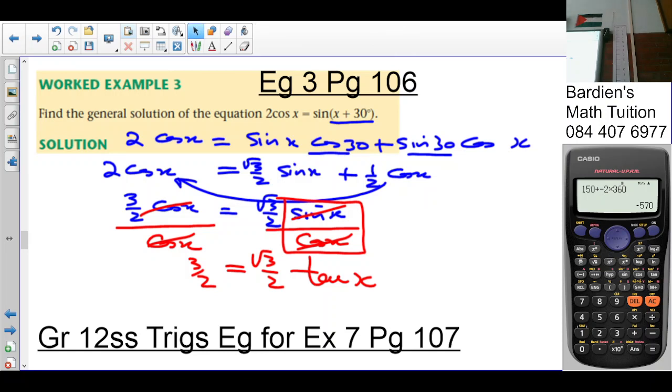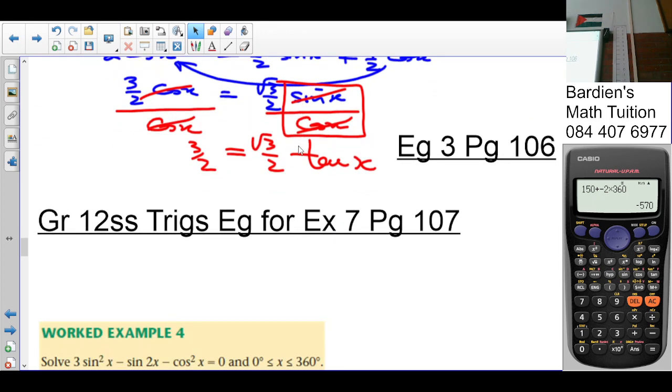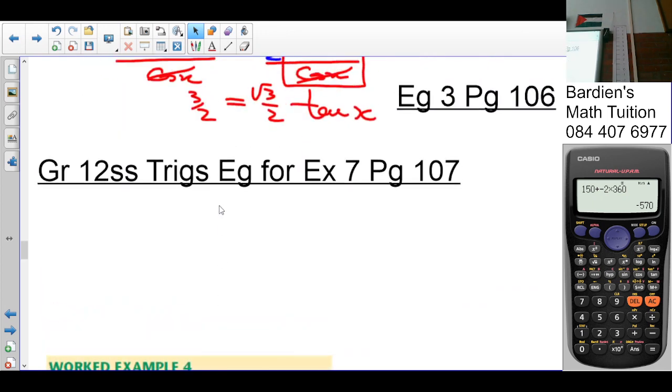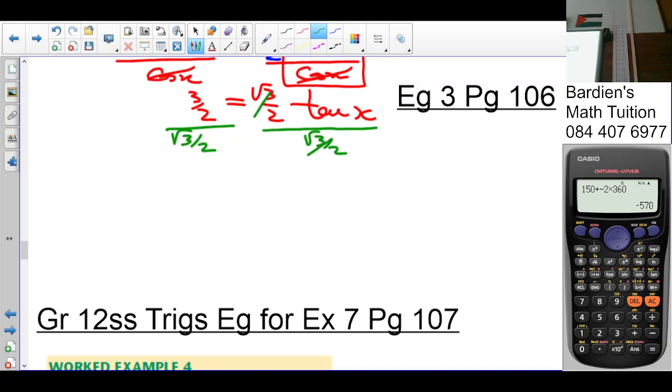So to get tan on its own, I'm going to divide both sides by root 3 over 2. So that cancels. So tan x is equal to 3 over root 3. That is the same as saying root 3 over 1 if I rationalize the denominator.